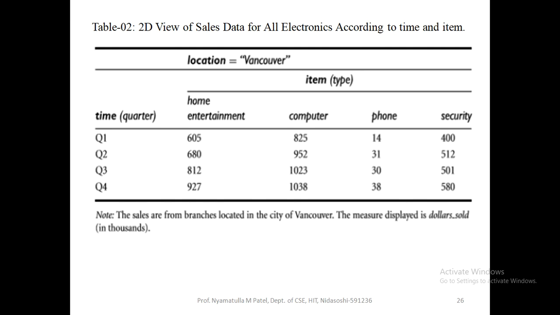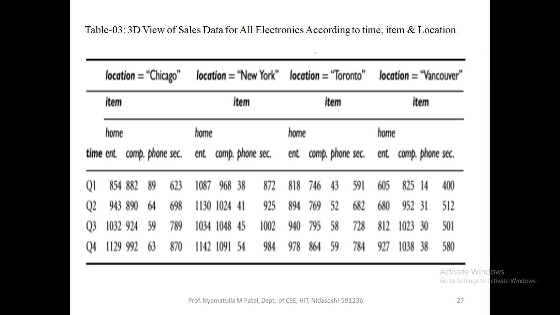In the previous table we had taken only time and item, and now we are including a location. Now this is a 3D view. We have taken 4 different locations: Chicago, New York, Toronto and Vancouver.